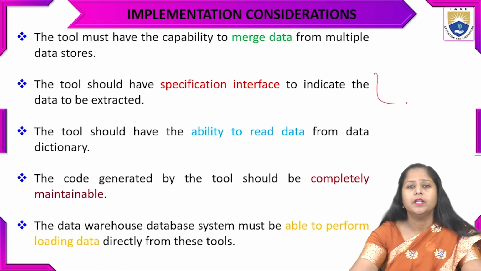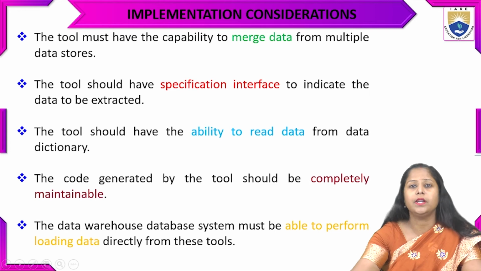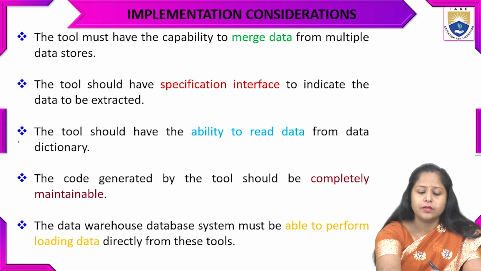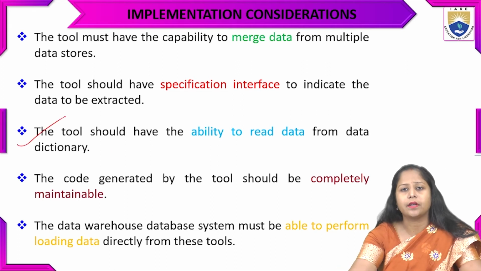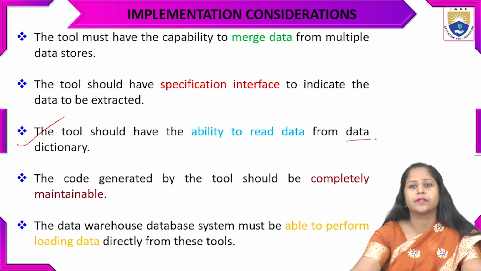There should be a specification interface to indicate the data that is going to be extracted. So the specific interface will be suggested by the tool, and that data will be extracted. The tool should have the ability to read the data from the different data dictionaries.